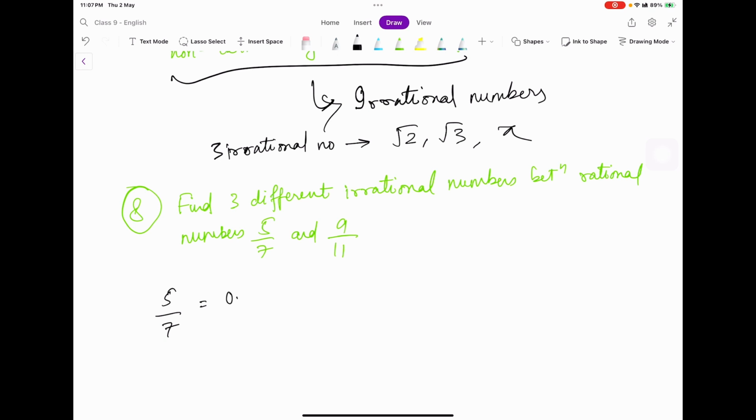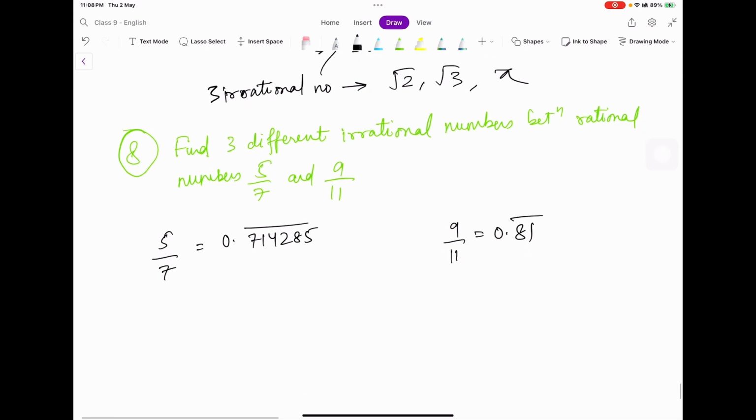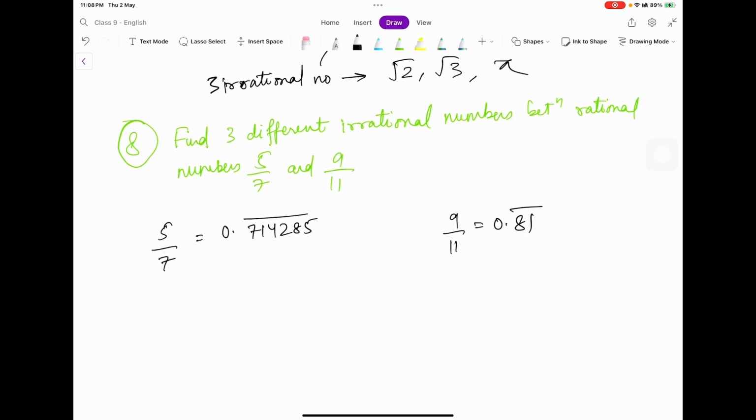5 by 7 is coming as 0.714285, with 714285 repeating. This is the decimal expansion, and 9 by 11 is coming as 0.81. This is 71, this is 81. What you can do is 0.75, similarly 0.755 and 0.7555.